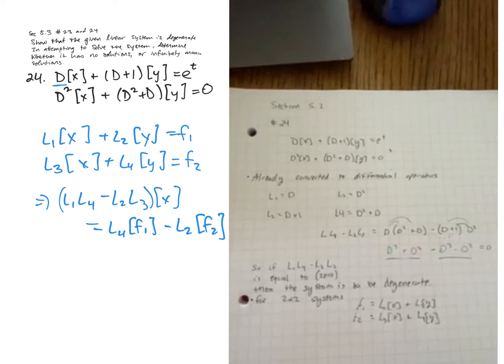So that's basically what Elle did before, E-L-L-E, not the operator L. But what Nicholas has done is first looked at what this thing is. And so he found that in problem 24, if this equals 0, then you get a degenerate system. So the one thing that he didn't answer is whether there are no solutions or infinitely many solutions.